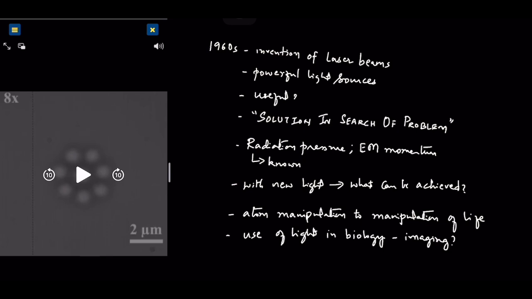And at the other extreme was to see whether you can manipulate life itself, which is something very fascinating. The other aspect is to use light in biology as a way to image processes. This was something very fascinating, and there was a lot of interest during that particular time.